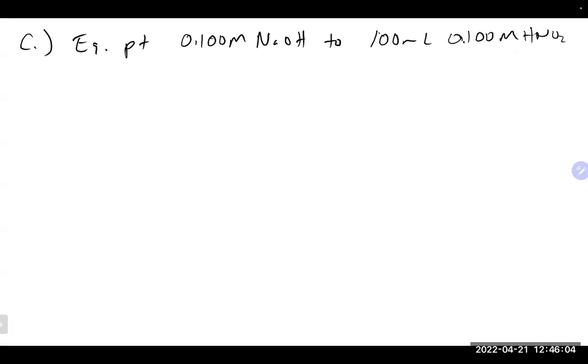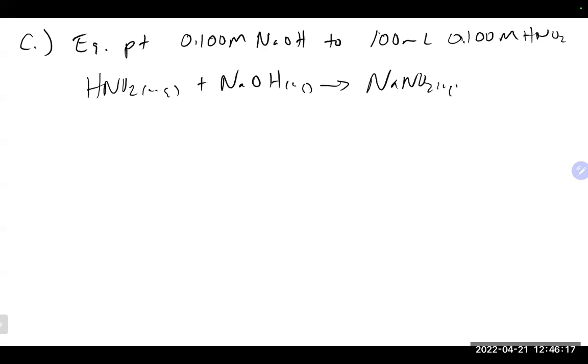So we get our reaction: HNO2 plus sodium hydroxide giving NaNO2 and H2O. Starting with our initial moles of HNO2, we have the same amount we started with, which is 0.01.